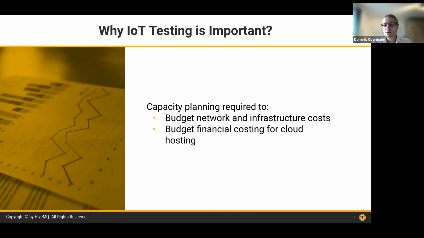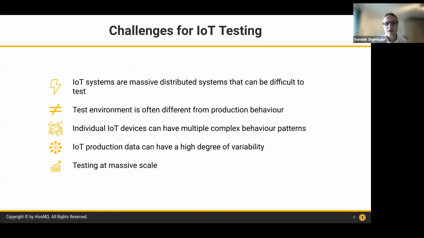Why? Because traffic is something that really costs a lot of money. And in order to predict that, you actually need to test it. It is so hard to predict what traffic and consumption will cost with the cloud providers if you do not test it. So this is one of the important parts, and this is so hard to do right now.